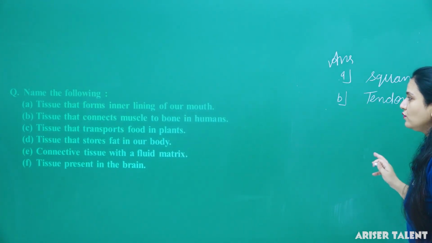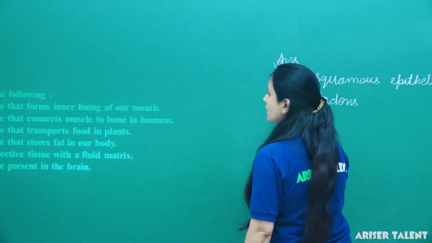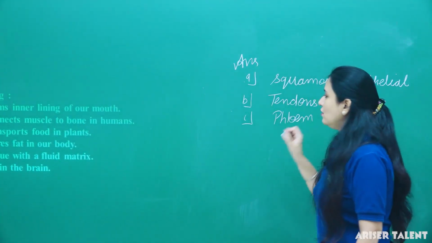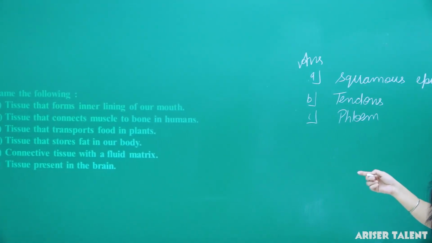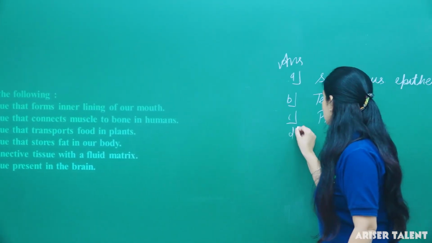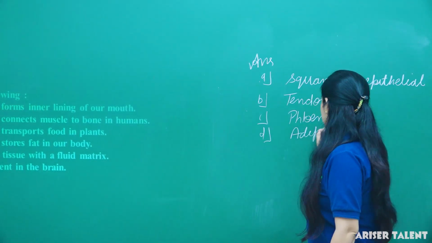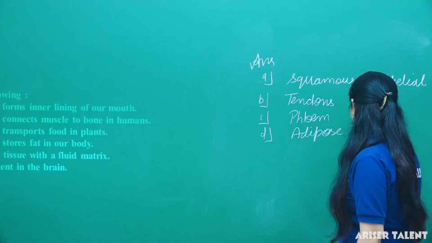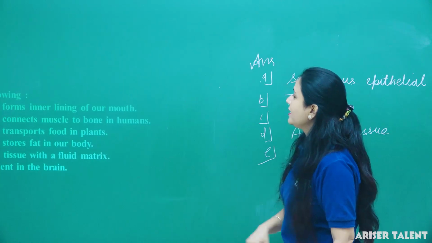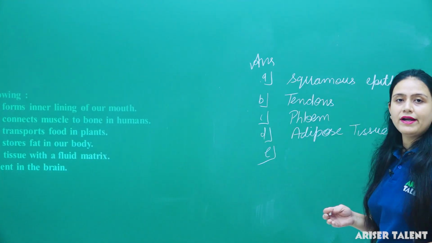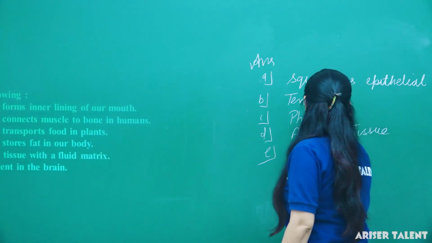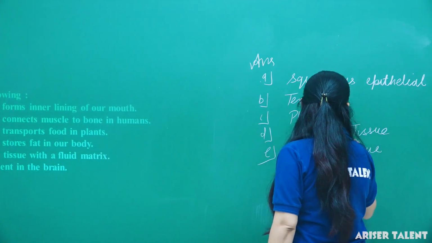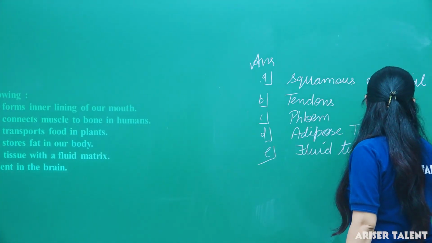Tissue that transports food in plants. So which tissue transports food in plants? It is phloem. Tissues that store fat in our body: adipose tissue. Next is connective tissue with a fluid matrix, that is fluid tissue, also known as vascular tissue.